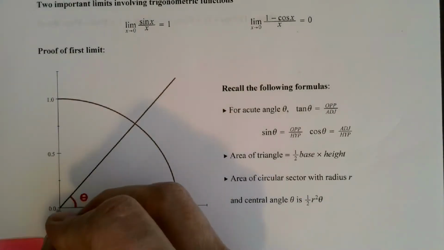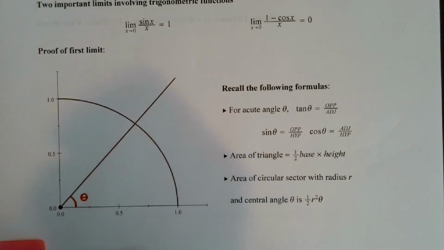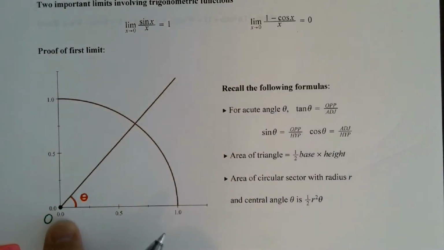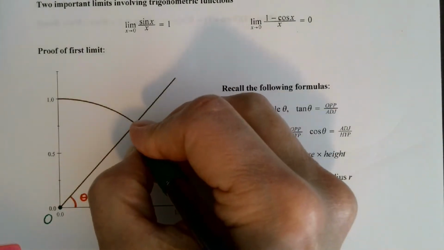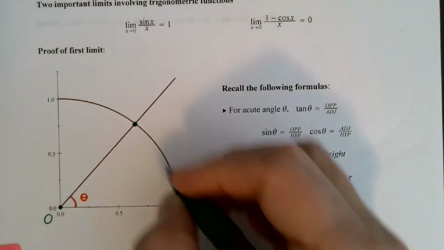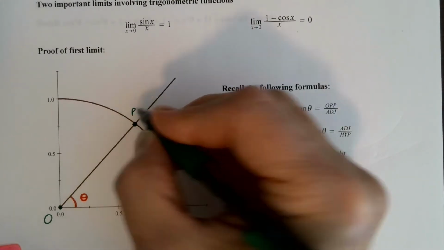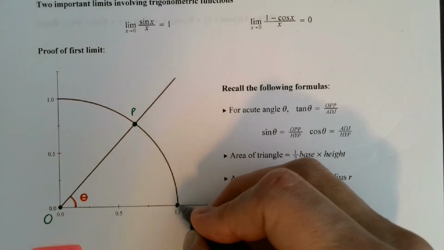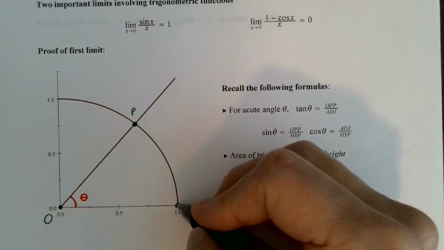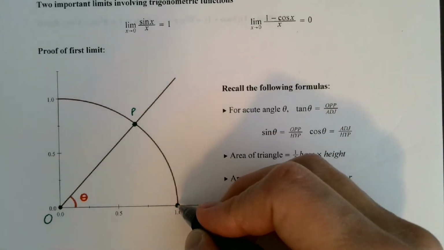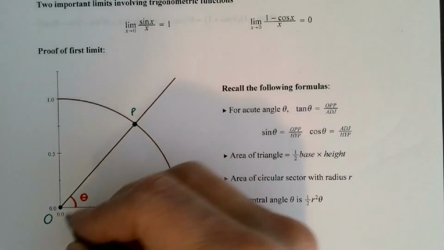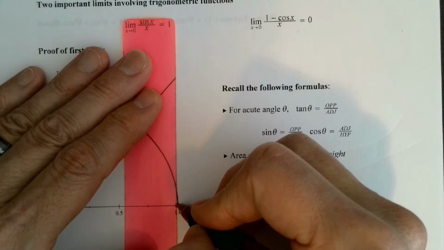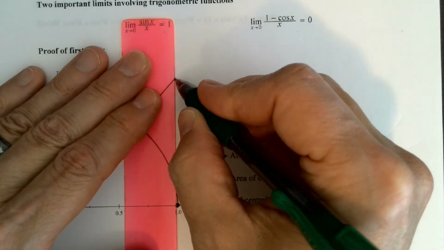So we're going to use those to proceed. I'm going to start with naming some points here so we can talk about the different triangles. This I'm going to call point O, kind of for the origin. And where it intersects with this unit circle, this quarter circle, I'm going to call that point P. And then out here, from this point down here, let's call this point A. From this point A, which is obviously the point (1, 0), if we're thinking about this as the x-axis and this as the y-axis, I'm going to go vertically up at a right angle to connect with this line up here.